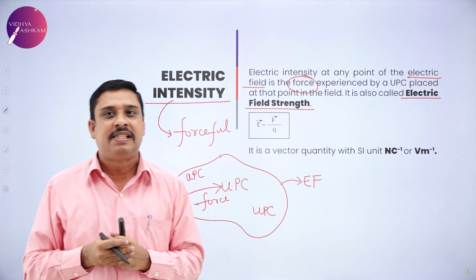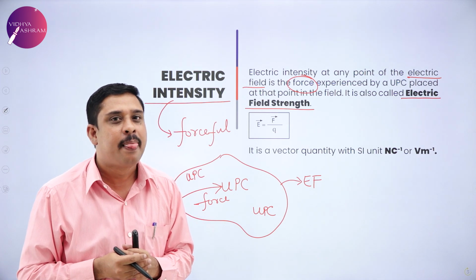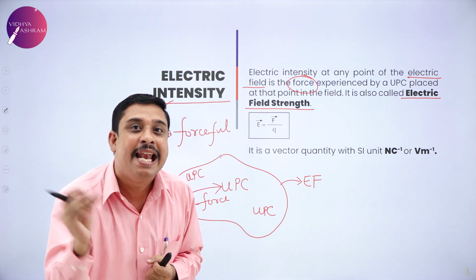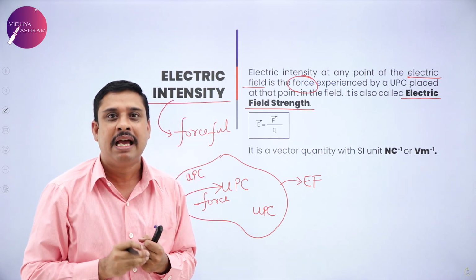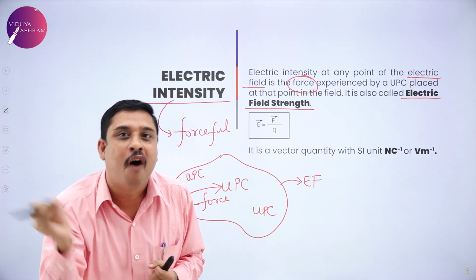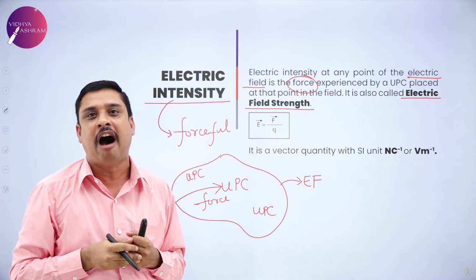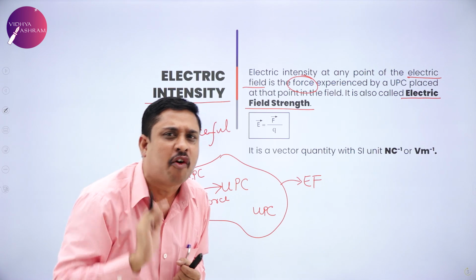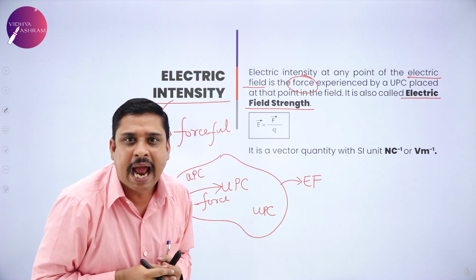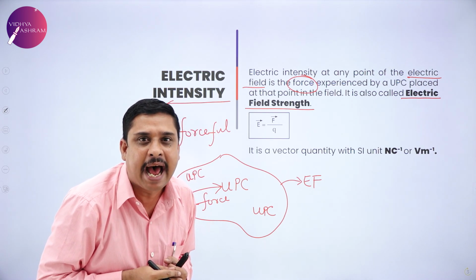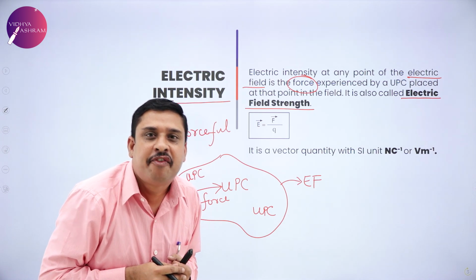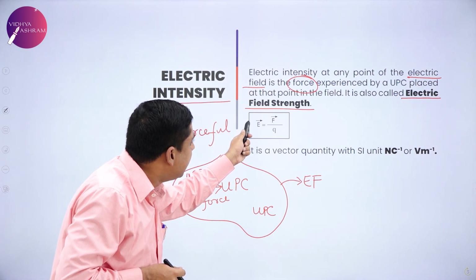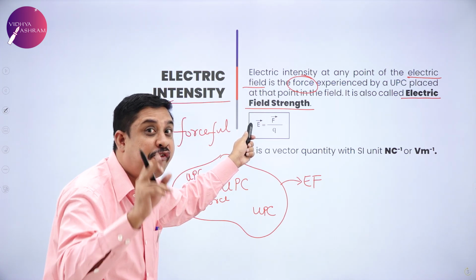So my physical definition says it is the amount of electric force acting on a unit positive charge placed at any point of the electric field, and it is also termed electric field strength. So mathematically we write electric intensity, force on the charge.